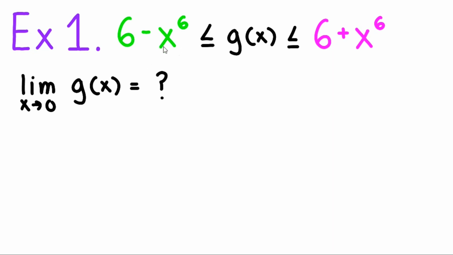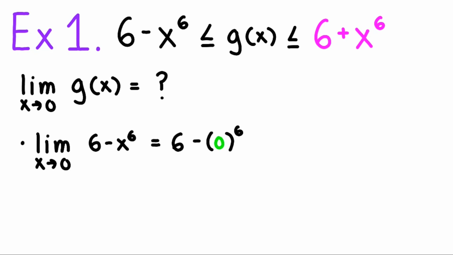Starting with the limit on the left, we'll have the limit of 6 minus x raised to 6 as x approaches 0. Since this is just a polynomial, we can simply plug in 0 out here. So we'll have 6 minus 0 raised to 6, and then 0 raised to 6 will just cancel out. So we'll be left with 6.